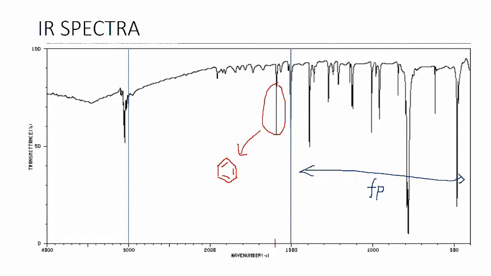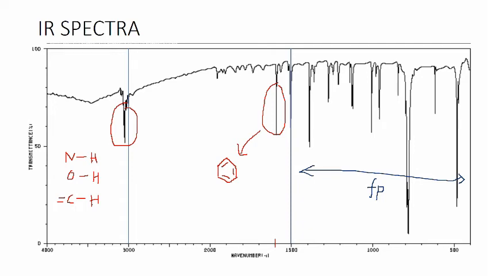The next obvious signal that we encounter in this spectra is a quite sharp signal that lies above 3000, and there are three possible bonds that can be found here, which are NH bond, OH bond, and aromatic CH bond.